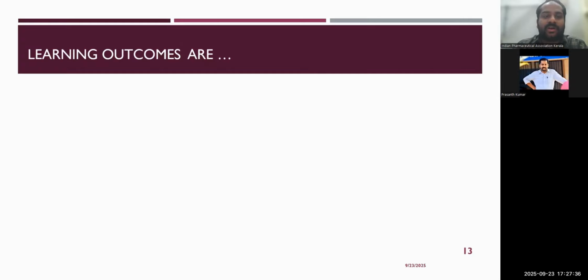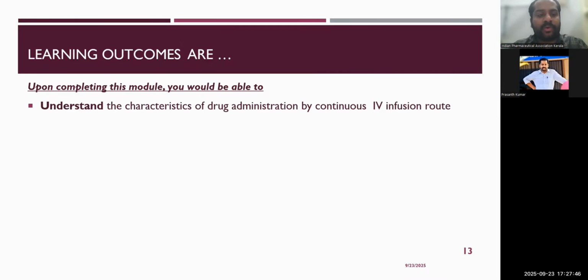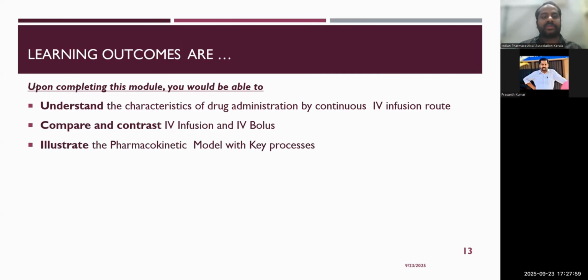So these are our learning objectives. Let's see what we have learned through this module. Upon completion of this module, we are able to understand the different characteristics of drug administration by continuous IV infusion, to compare and contrast IV infusion with IV bolus dose, and to illustrate the pharmacokinetic model with the key processes and parameters.